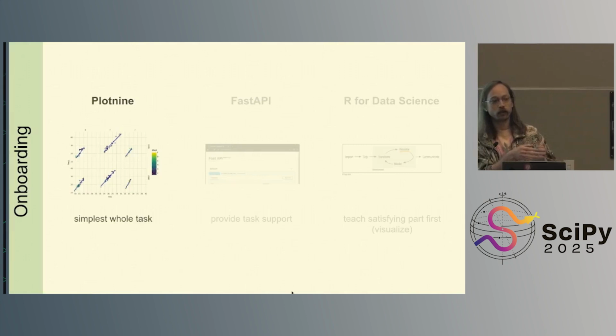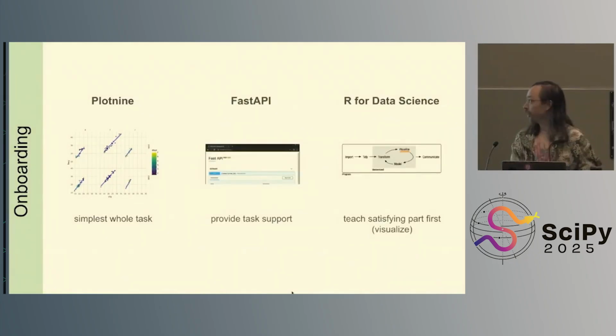What's the simplest whole plot we could show someone that's exciting but also easy to break apart so they can get started with the pieces? I'll go through some other examples to flesh out the onboarding story with FastAPI and a resource called R for Data Science.